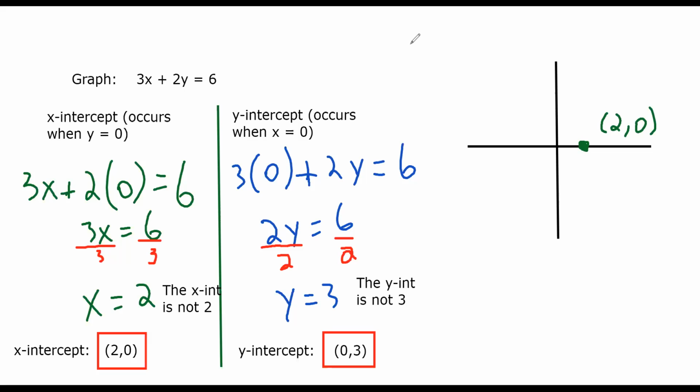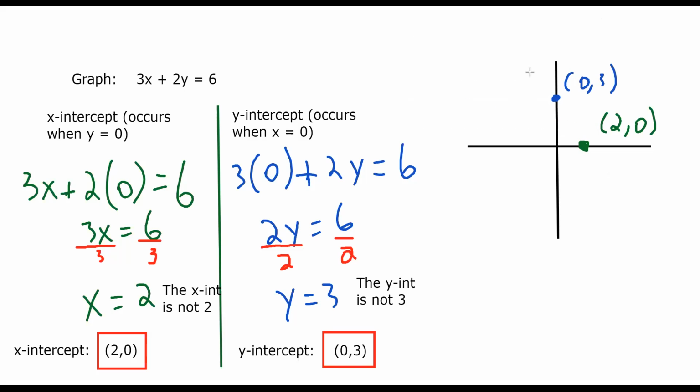My y-intercept is 0, 3, so maybe the y-intercept is something like this. And what do you think I do with those 2 points? Connect them, that's right. Draw the line that goes in between them, that crosses through them, but then continues on infinitely.